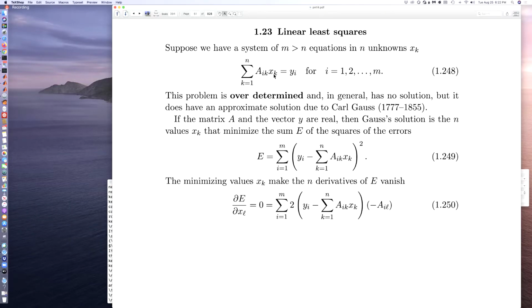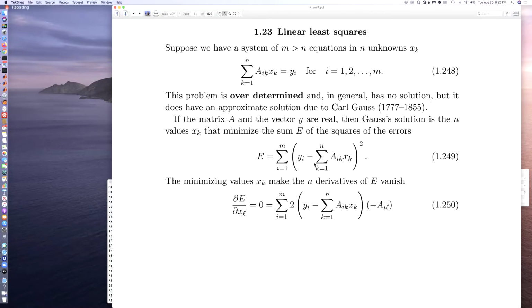So you're trying to solve m equations, and you only have n variables. So this is called overdetermined, and in general, it has no solution. But it does have an approximate solution, which was invented by Gauss, and the trick here is to compute the error.